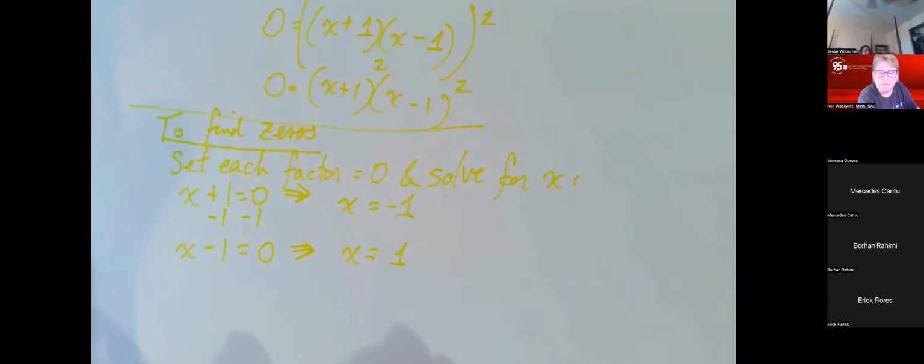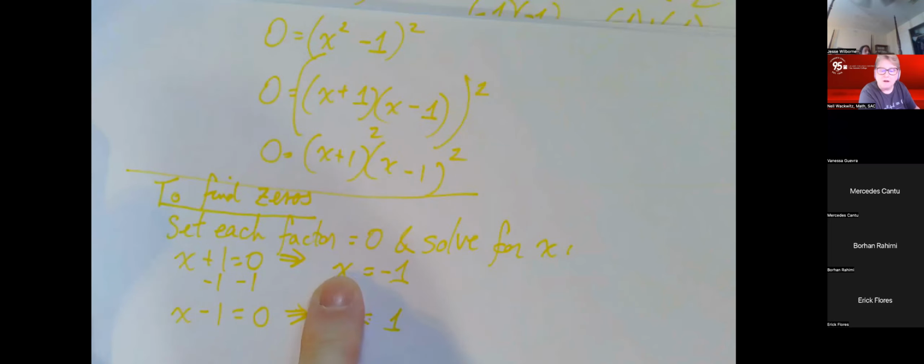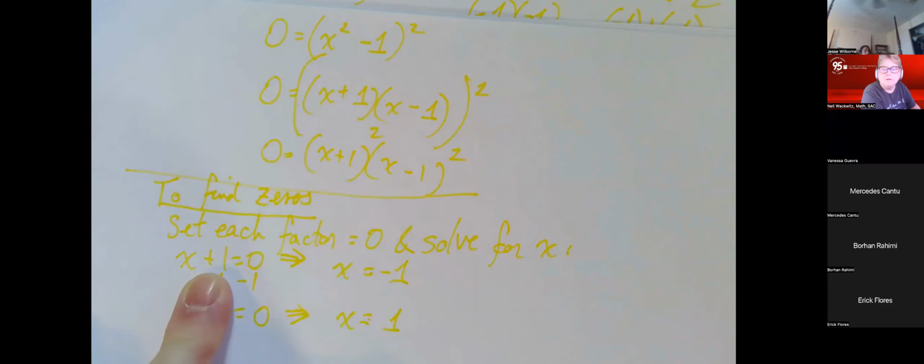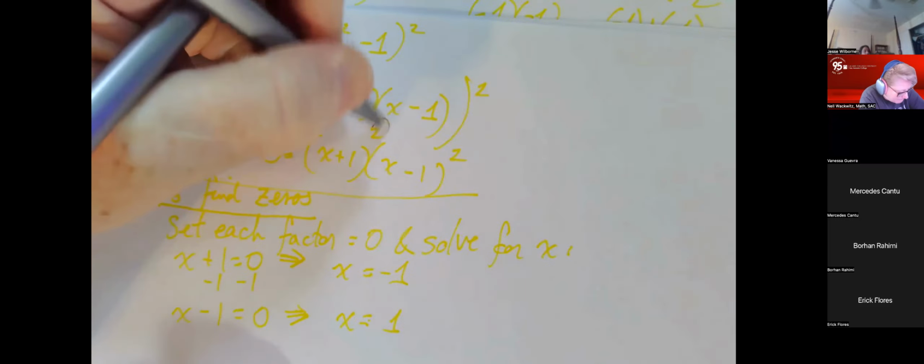So x equals -1. And for the one at the bottom, we are going to get x equals +1. What is the exponent on the x plus 1 factor? Squared. So it's even. That's right. So we would say even multiplicity.